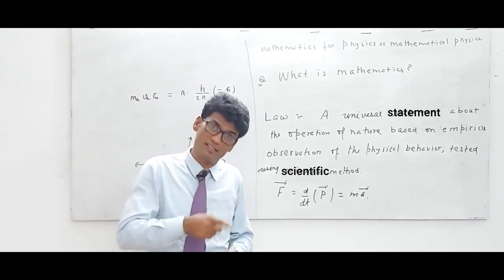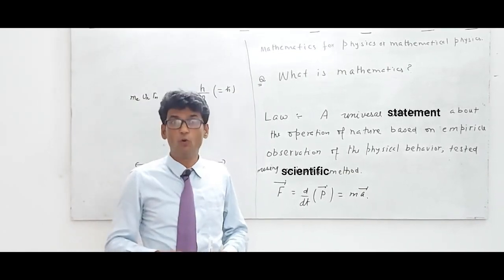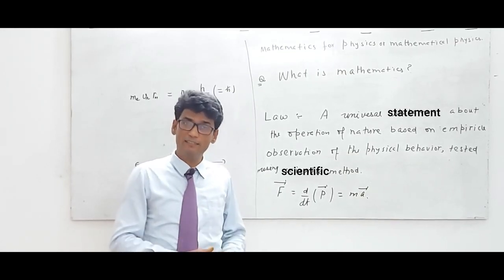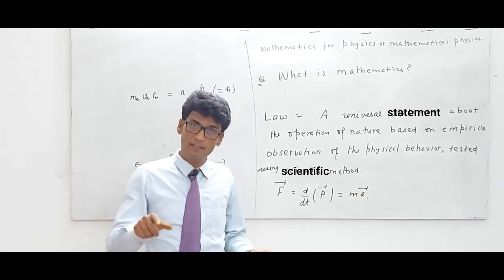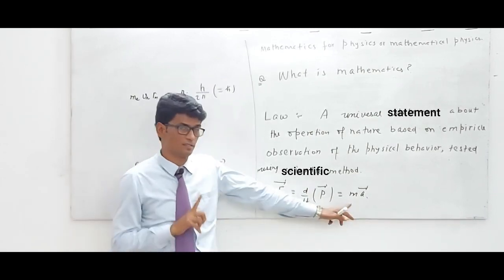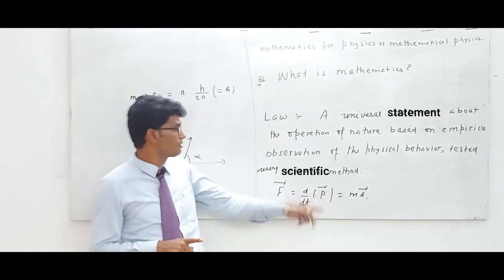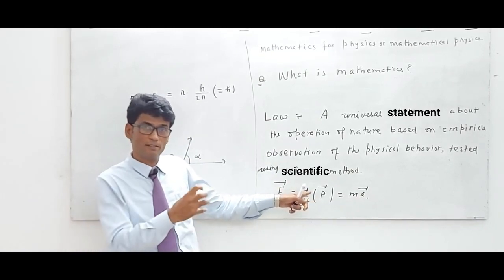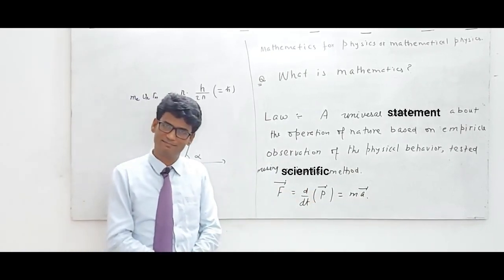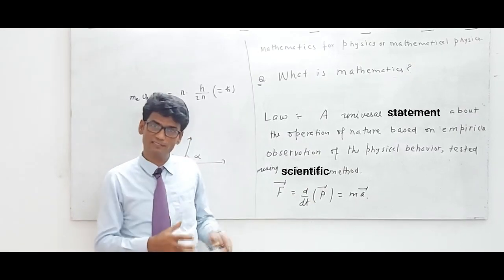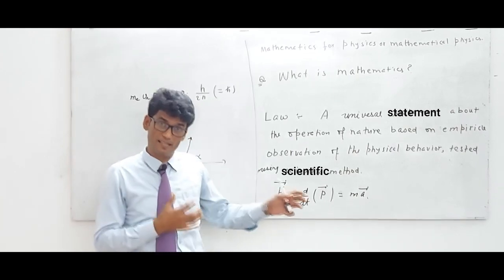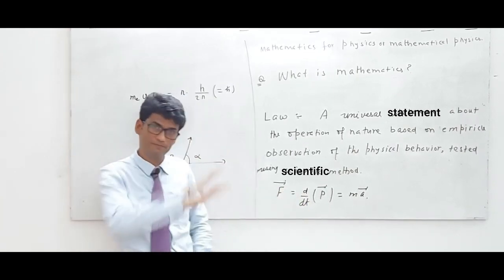But you have to prove it first, and the world's scientists are going to observe your finding. Then that will be universal. Till then, we all have to follow mass times acceleration because it is a law. It is abstract of the nature. It's a law. One cannot touch it, one cannot see it, but one can experience it. So that is why it is a law.